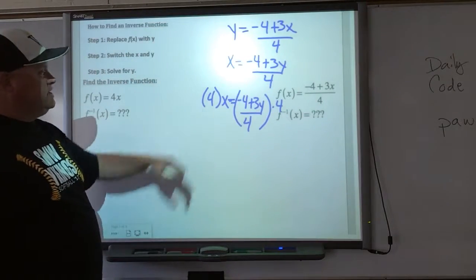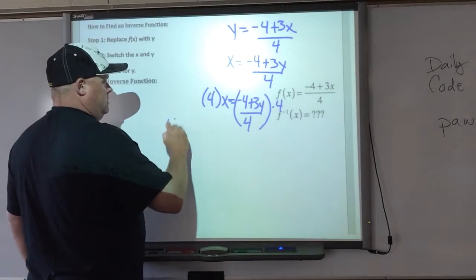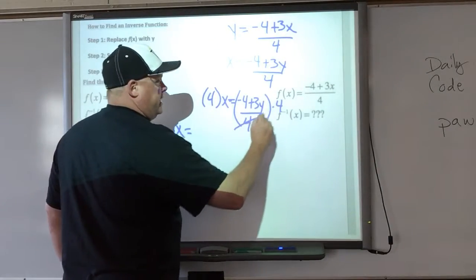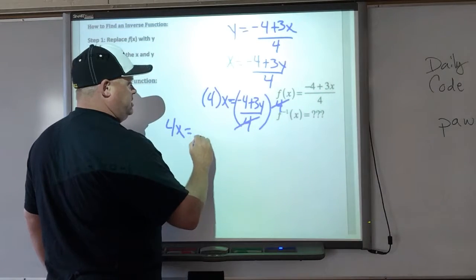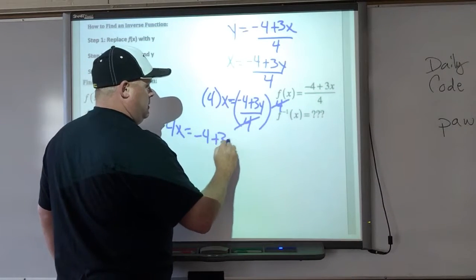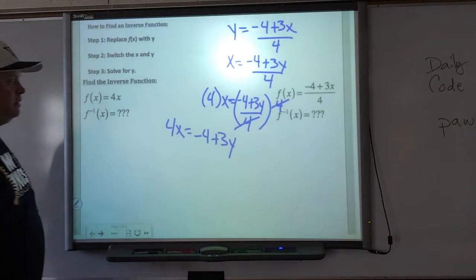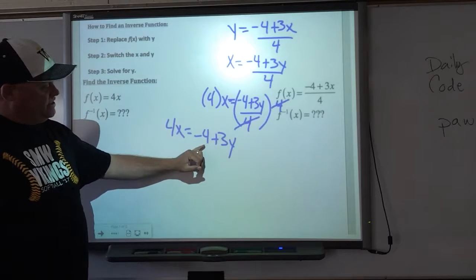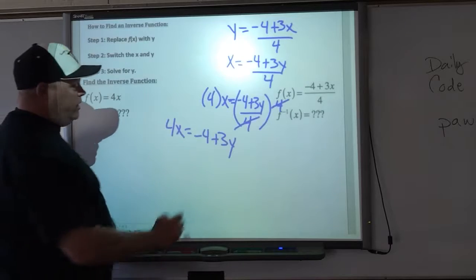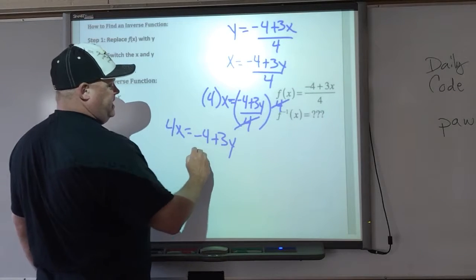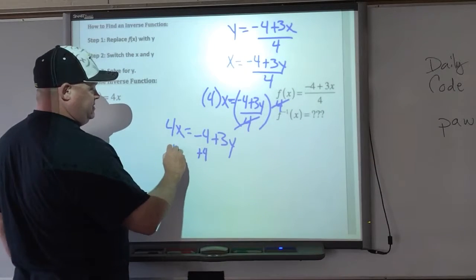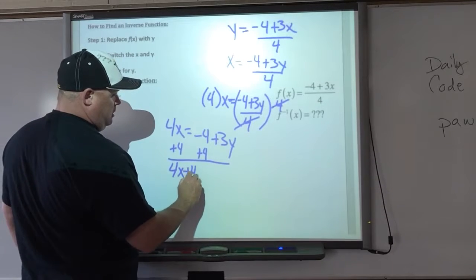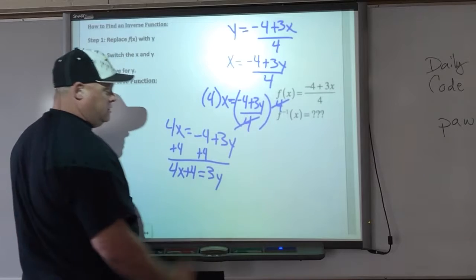So what does that do? Well, that gives me 4x on the left-hand side. The 4 and the 4 cancel each other out, leaving me just negative 4 plus 3y. I've got 3y, and it's added to a negative 4. I want to move that 4 to the other side. Since it's negative, I must add it to the other side. So that becomes 4x plus 4 equals 3y.